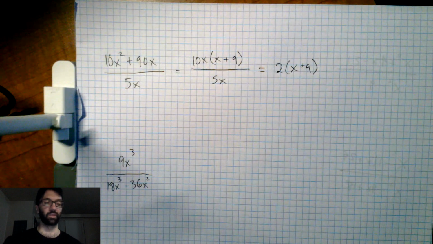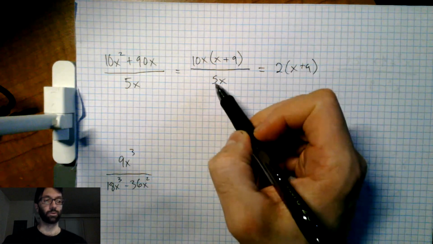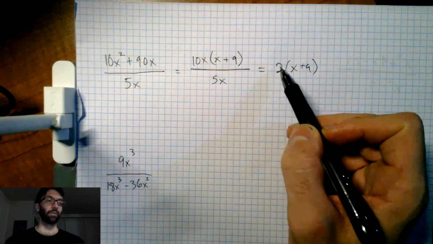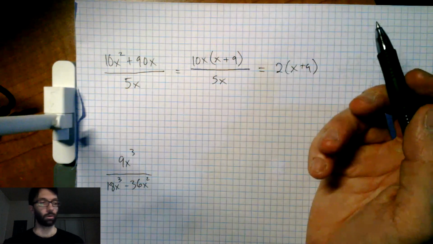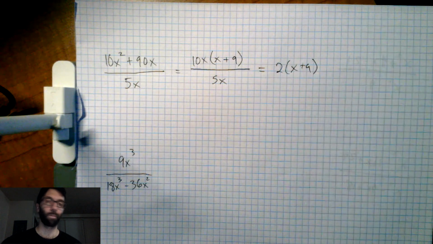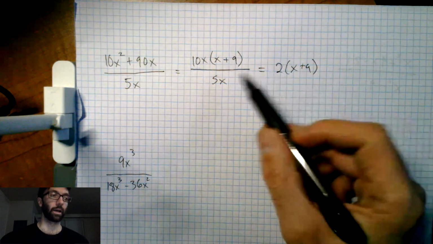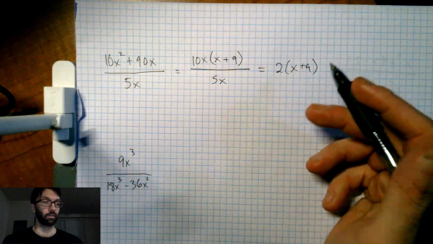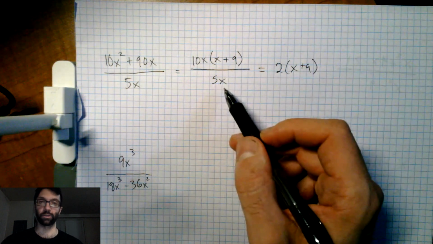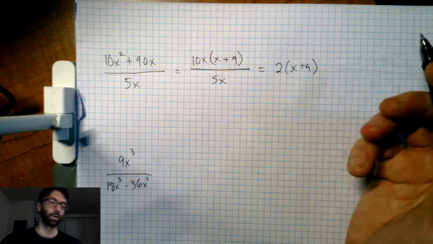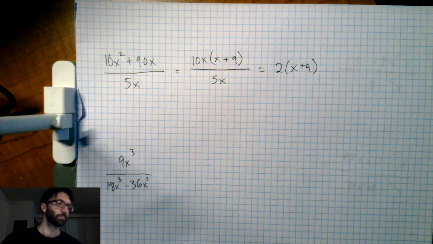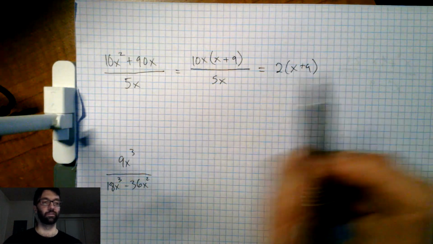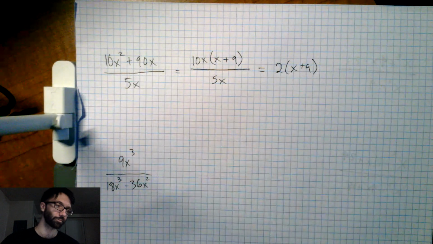Another way you can think about this is 5 goes into 10 twice, so I have a 2 in the numerator, and the x's cancel, so x divided by x is just 1. And then I'm left with my x plus 9 in the numerator, and all of the 5x was canceled, so there's just 1 left in the denominator, and we don't have to write that. So this is the fully simplified form of the original expression.